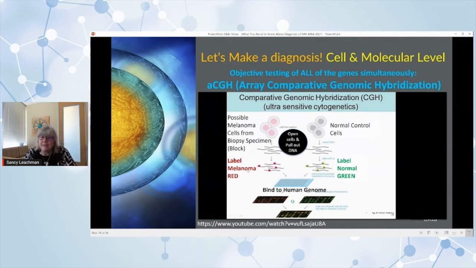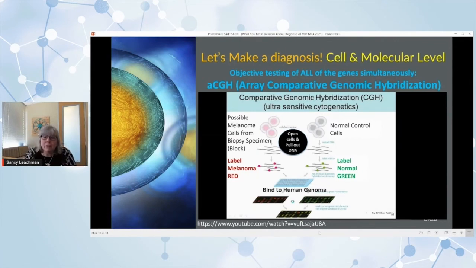And then they put the red DNA from the possible melanoma and the green DNA from the normal DNA. And when you look at them together, you can see it looks red here, it looks green here, but when you overlap them you can tell whether it's more red, like this spot, or more green, like one of these spots, or more yellow, because when you add green and red light, it means they're about equal.